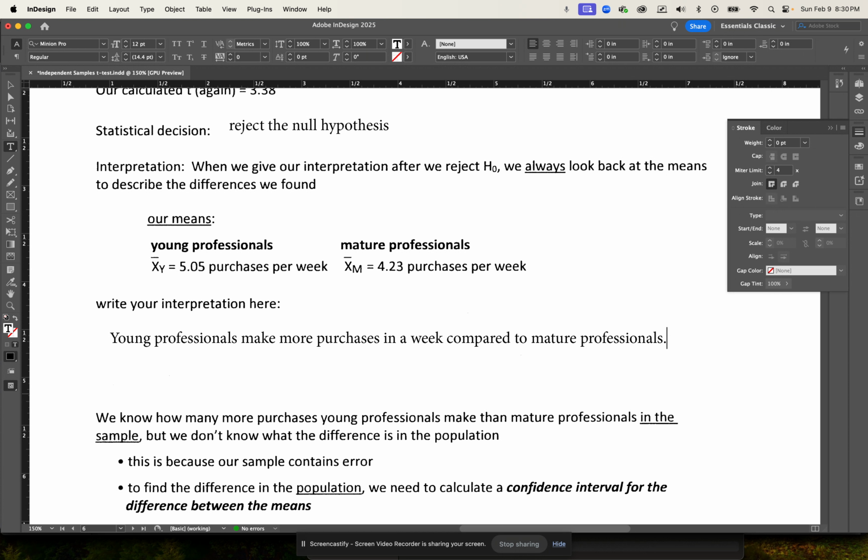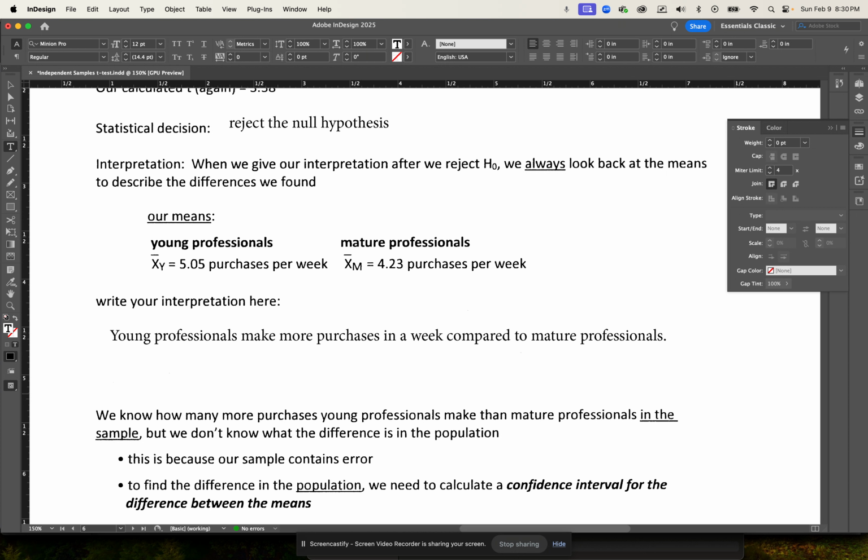Now, we know the difference between the young and mature from the sample, but we can't say that that would be the case for the population because remember, samples lie. They contain error. So to find the difference in the population, the best that we could do is to relay that via a confidence interval.